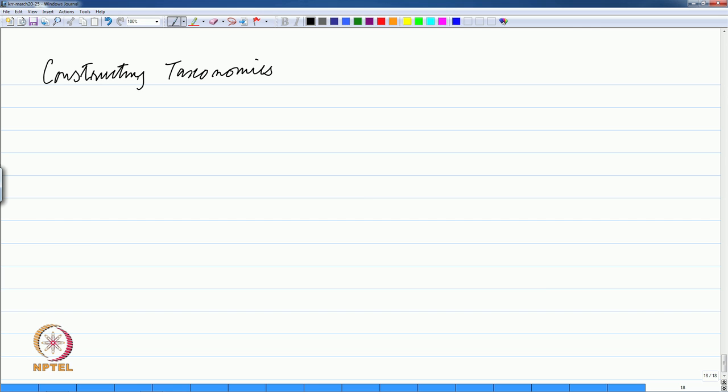First observe that subsumption is a transitive relation, and the taxonomy is a partial order.